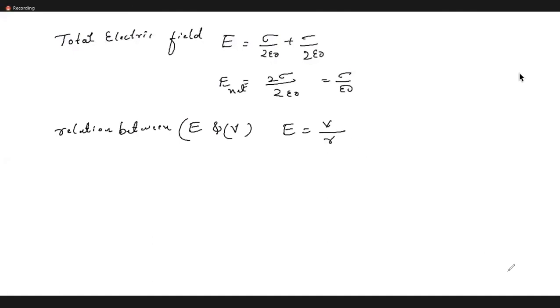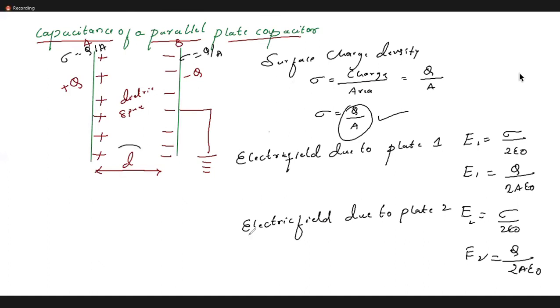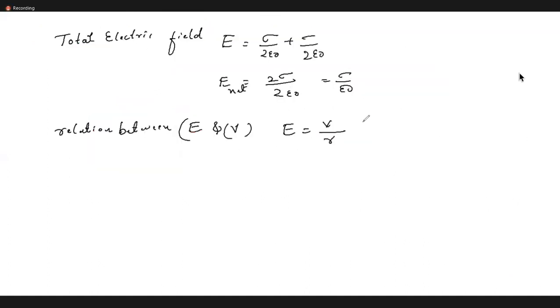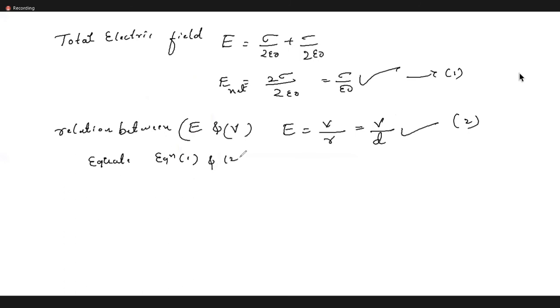Here r is the space in between them, the distance. Can I write it as D here? So E is V by D. So this is one electric field and this is the other electric field. Let me write them as equation 1 and 2. Now equate equation 1 and 2.